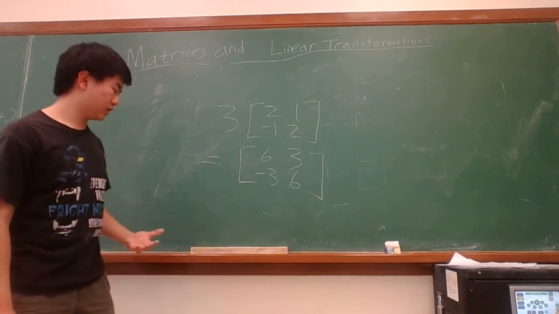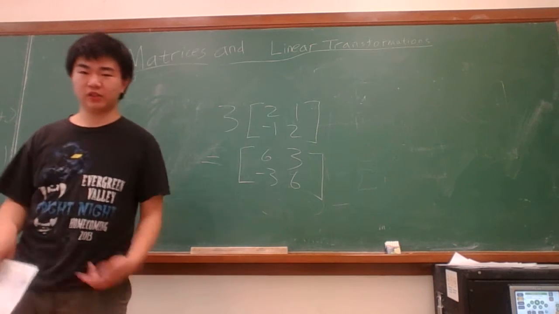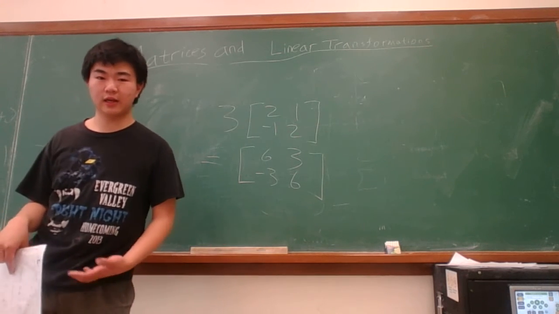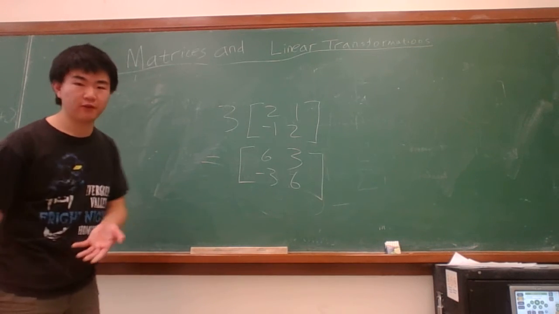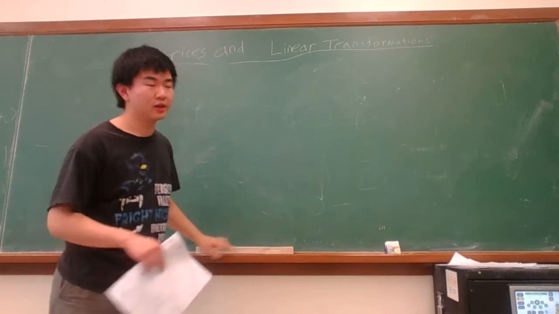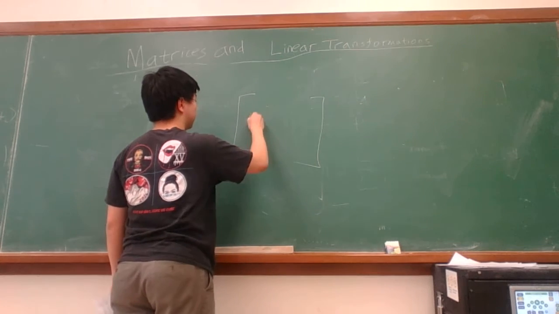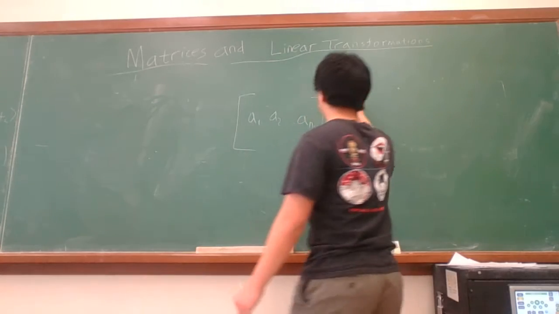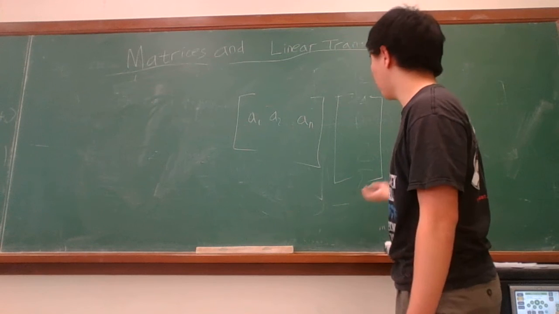Now let me introduce something. In the previous helpful videos that other EE16A students like myself have created, they have taught you a perspective of matrix multiplication that I don't want to waste your time over. But you have columns, and then you multiply it by a vector in Rn, or a whole matrix.